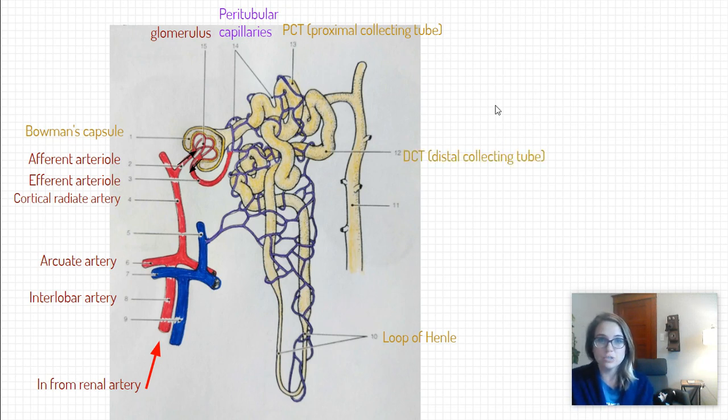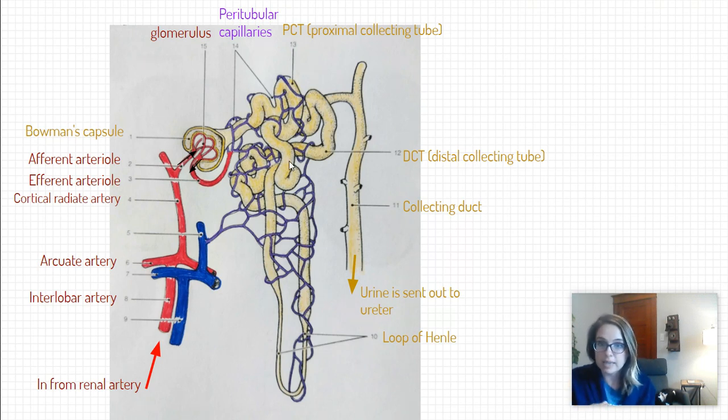And then the urine that's being produced gets funneled down this tube called the collecting duct. The collecting duct empties into our renal pelvis, and from there it's eventually going to empty into the ureter. So we basically formed urine through this tube and the processes along with the peritubular capillaries.